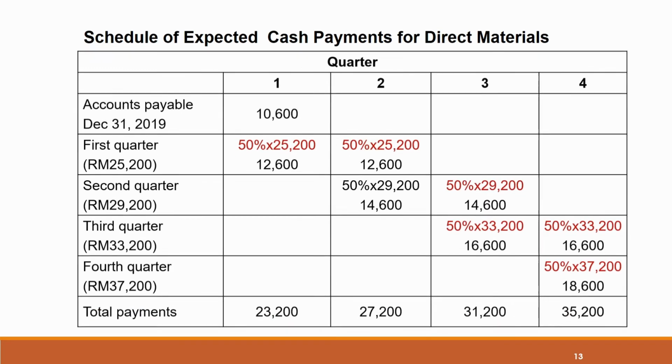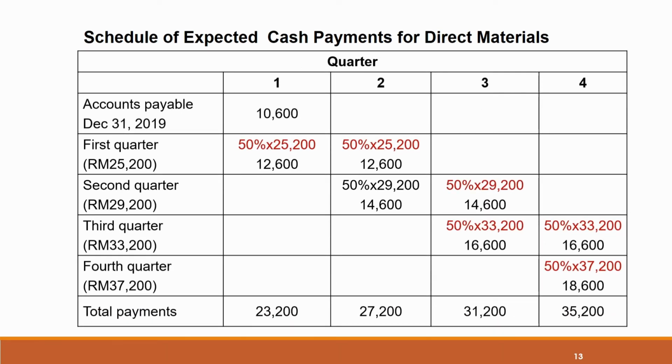And the next one, we have to prepare the schedule of expected cash payment for direct materials. Based on the question, direct materials, 50% are paid in the quarter of purchase. So you look at the first row. This one is the ending balance from 2019 and it will be paid in the first quarter of 2020.